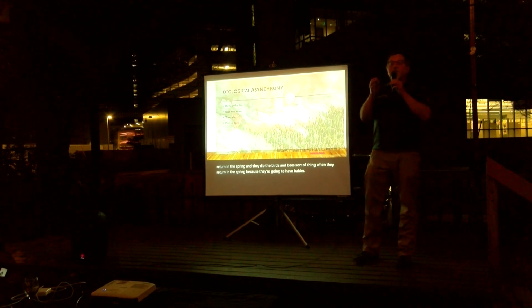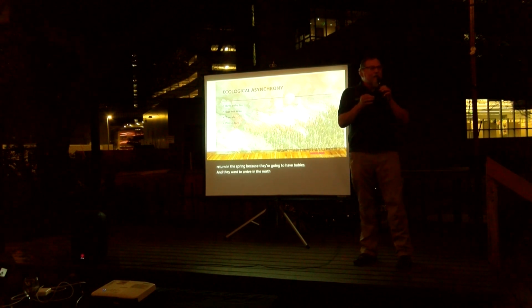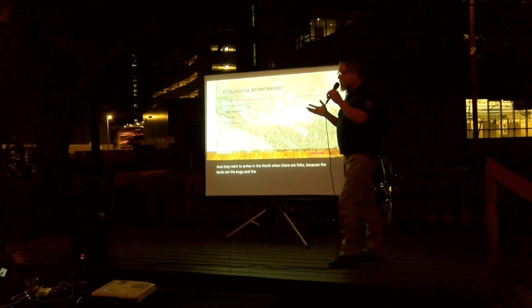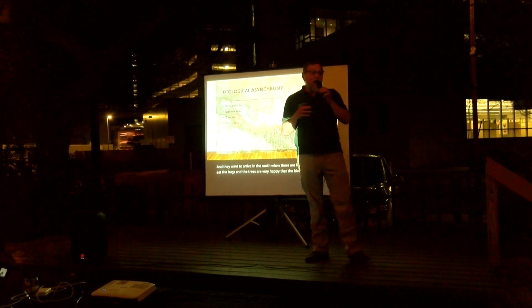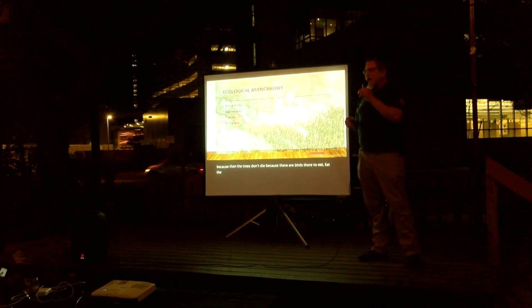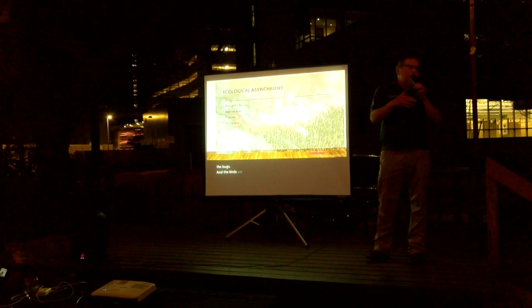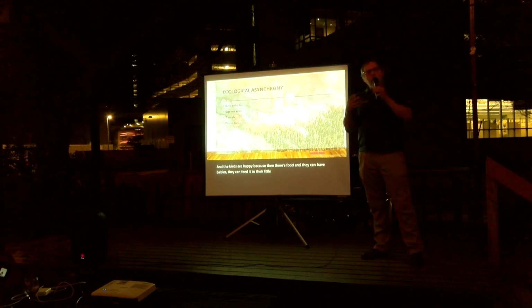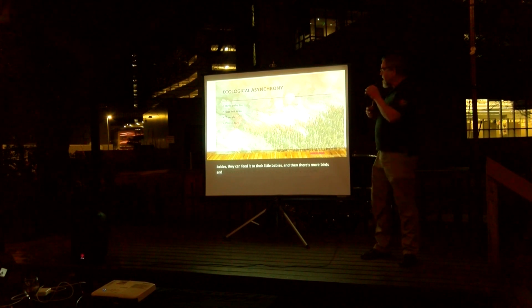And they want to arrive in the north when there are bugs, because the birds eat the bugs. And the trees are very happy that the birds eat the bugs, because then the trees don't die, because there are birds there to eat the bugs. And the birds are happy because then there's food and they can have babies and they can feed it to the little babies, and then there's more birds and there's less bugs, and that's great.